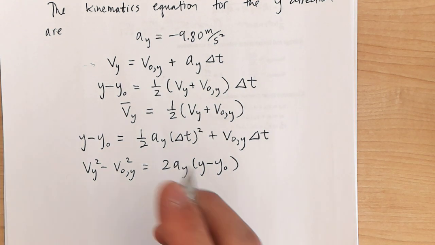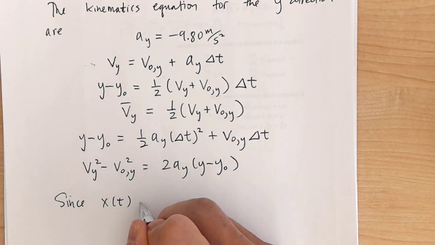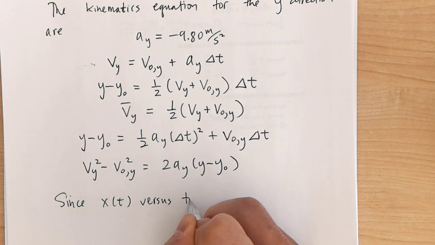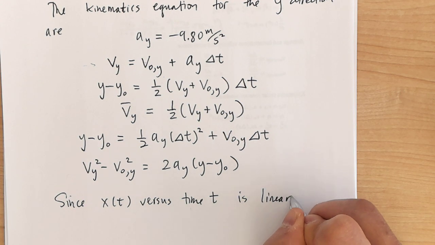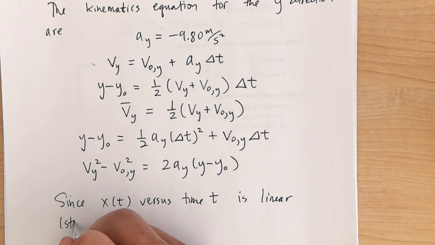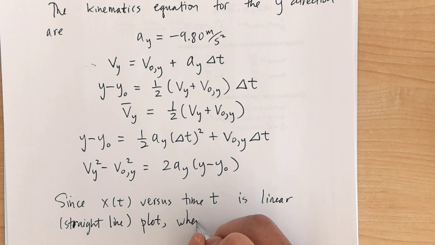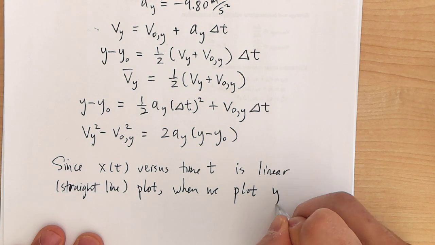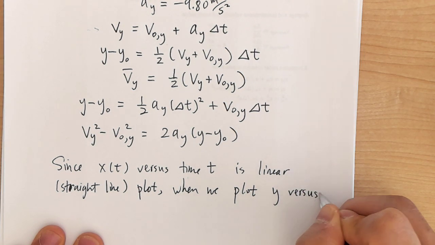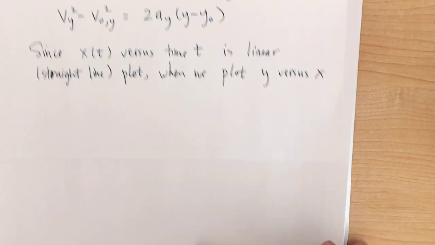Now, note that since x of t versus time t is a linear plot, a straight line plot, when we plot y versus x, instead of t, we also get an upside down parabola.